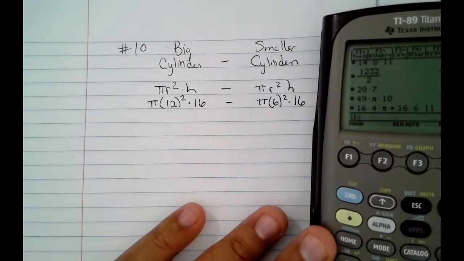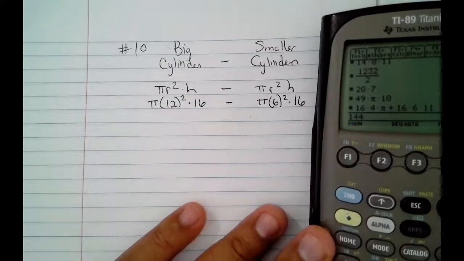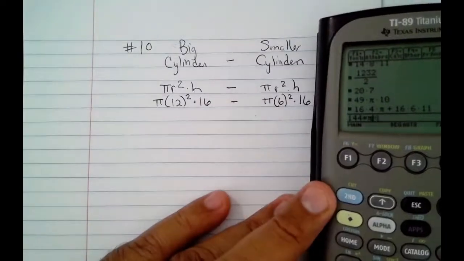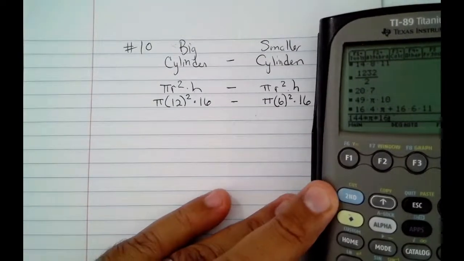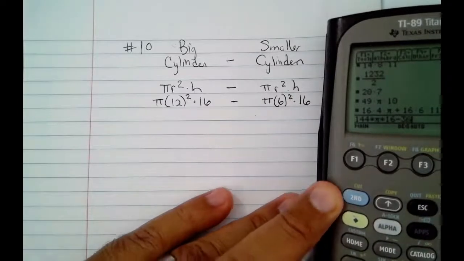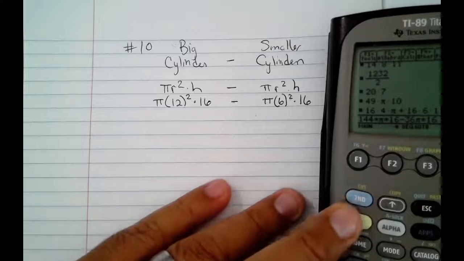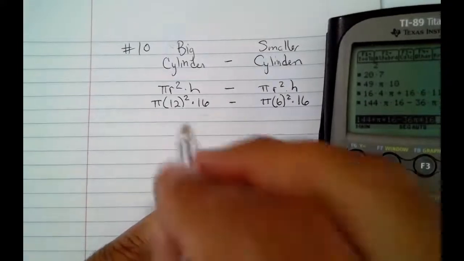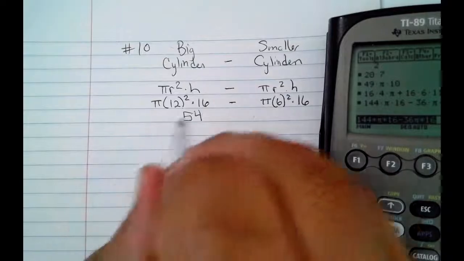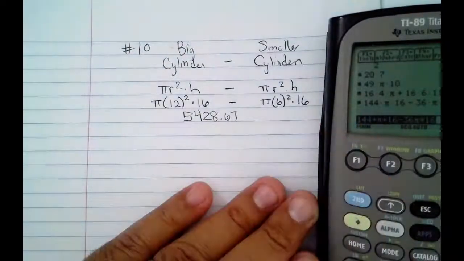So this will be 144, 12 to the second power, so 144 times pi times 16, minus 6 times 6 is 36, so 36 pi times 16, which will give me an answer of 5,428.67.